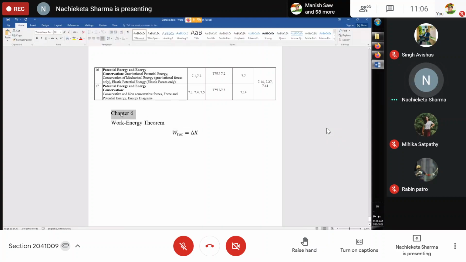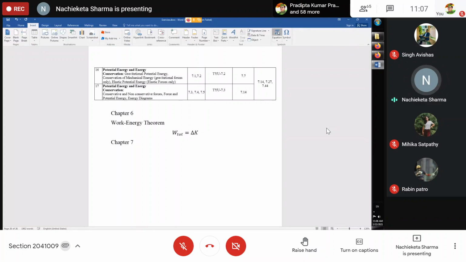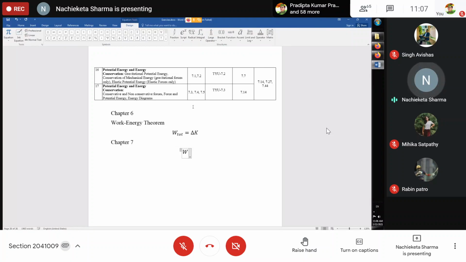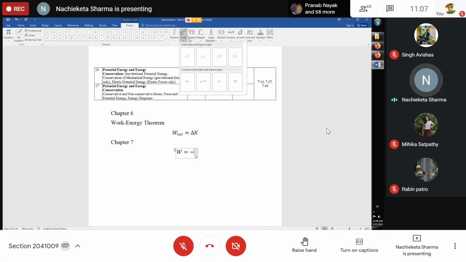In chapter 7, we learned another important thing. If there is a force like the gravitational force, which is a constant force, and that is the only force present, then the work done is equal to minus the change in the potential energy, minus delta U grav.